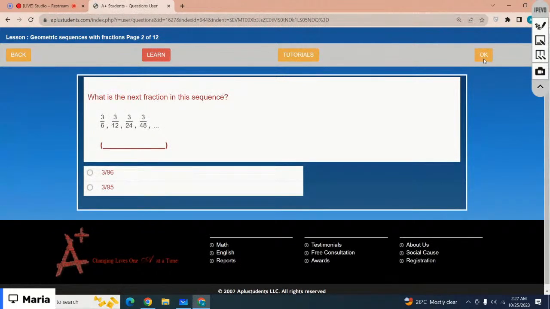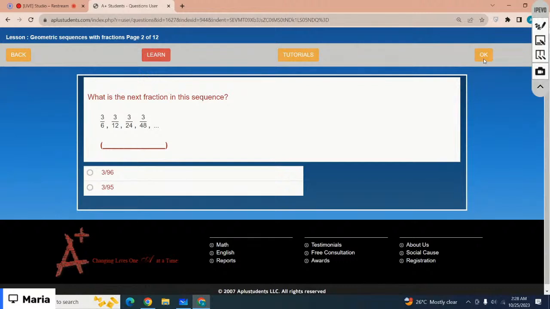Okay, what is the next term in the sequence? 3 by 6, 3 by 12, 3 by 24, 3 by 48. Which is the next one in the sequence? The numerators are same, the denominators are increasing, right?